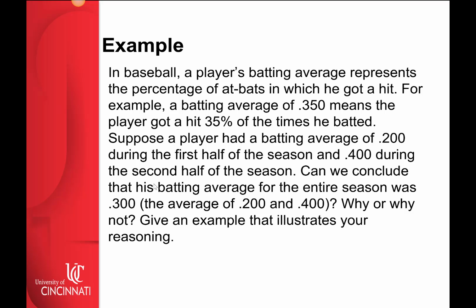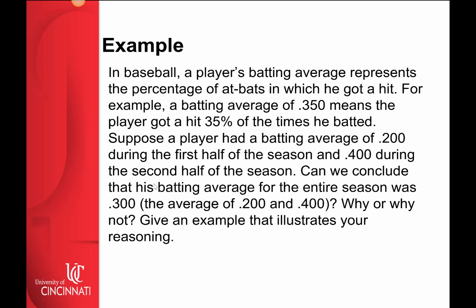What's talked about here is a batter. First half of the season, he's got a .315 batting average. The second half of the season, he's got, let's say, a .150 batting average. Does that mean you take the 350 plus the 150, add them together, and divide by 2? And the answer is no.